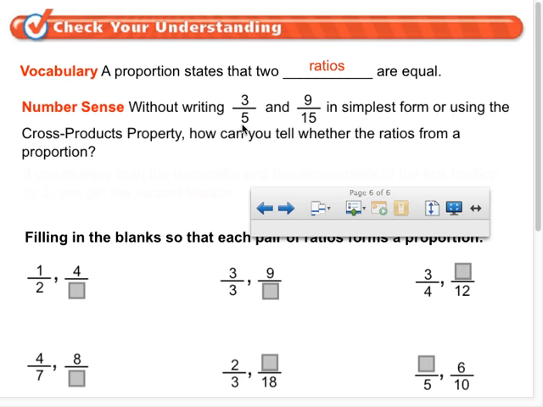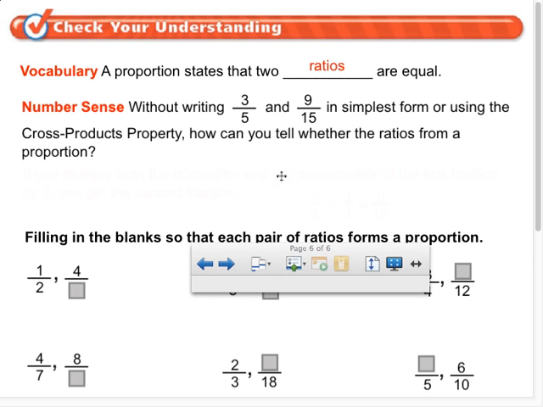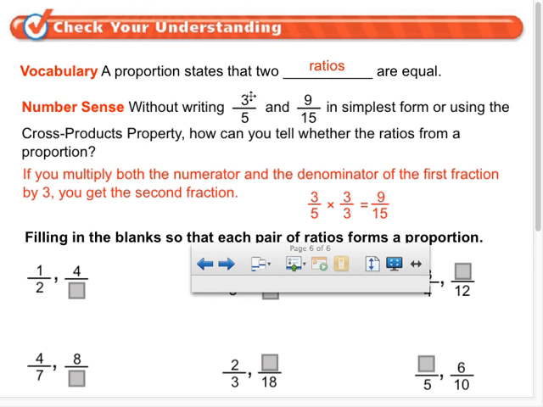Because what? No, they said not to use the cross product property. You need a different strategy. Jonathan, what's your strategy that's different? 3/5 is equal to 9/15? How? Very good. So, if you multiply the numerator and the denominator of the first fraction by 3, you get the second fraction, 9/15. Very good, Jonathan.